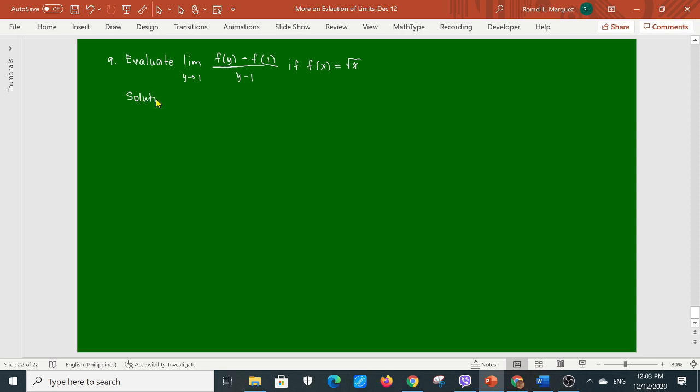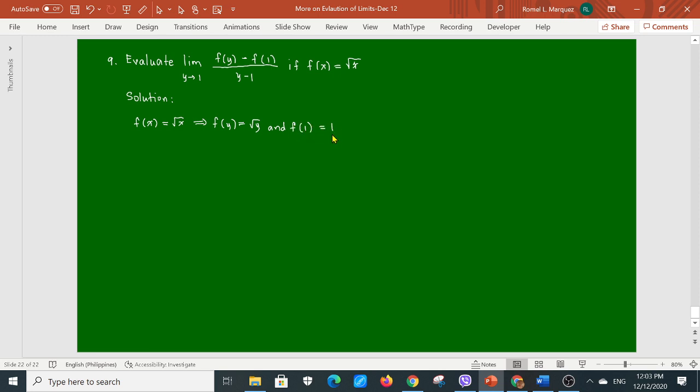So, doing the procedure that we had before, we are given f of x equals the square root of x. If you solve for f of y, it is simply the square root of y. And what about f of 1? What is f of 1, guys?